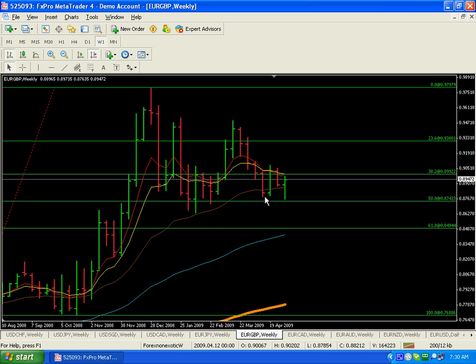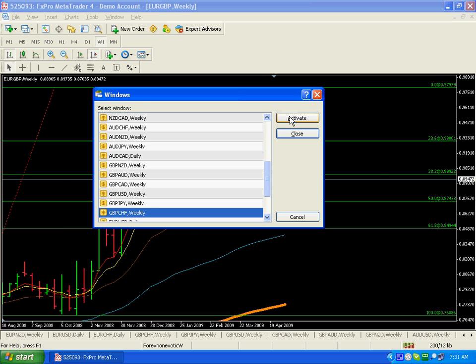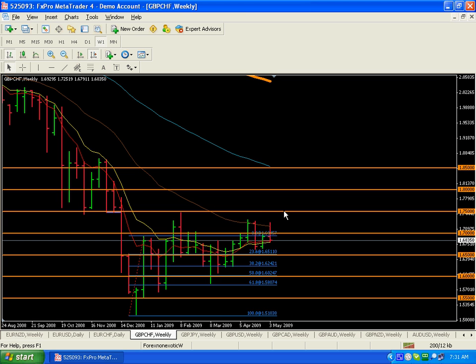The next one we have on the weekly is Pound Franc. And we have a pin bar of the 1.70 area. It's a nice one.